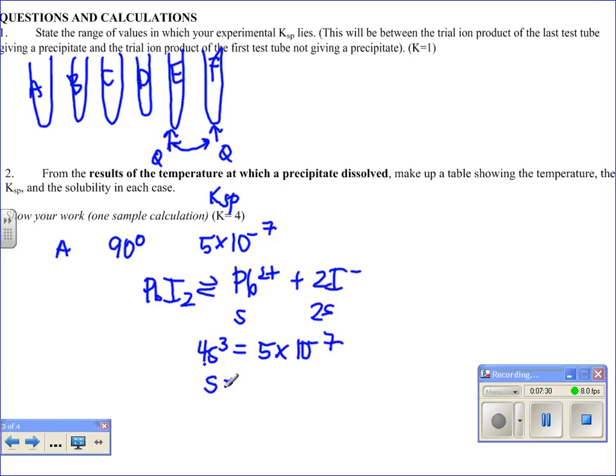So you can find the molar solubility, and in this case we get 0.005 mole per liter. So for each of the test tubes where you have a saturation point, you can report a Ksp value and a solubility for that particular temperature.